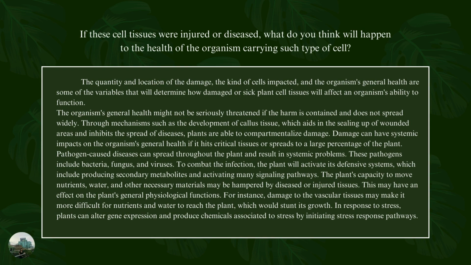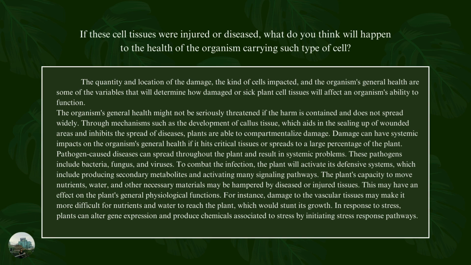And here's another question. If these cell tissues were injured or diseased, what do you think will happen to the health of the organism carrying such type of cell? The quantity and the location of the damage, the kind of cells impacted, and the organism's general health are some of the variables that will determine how damaged or sick plant cell tissues will affect an organism's ability to function.